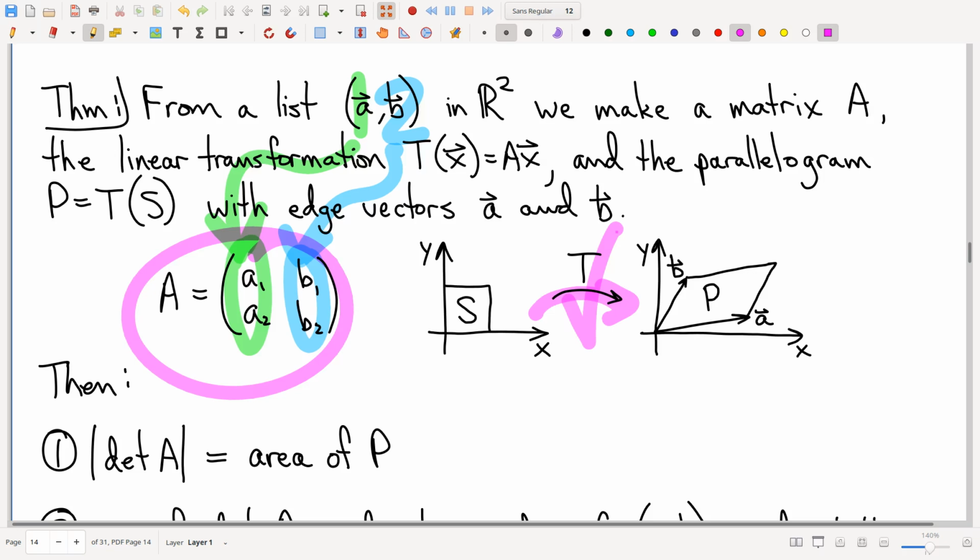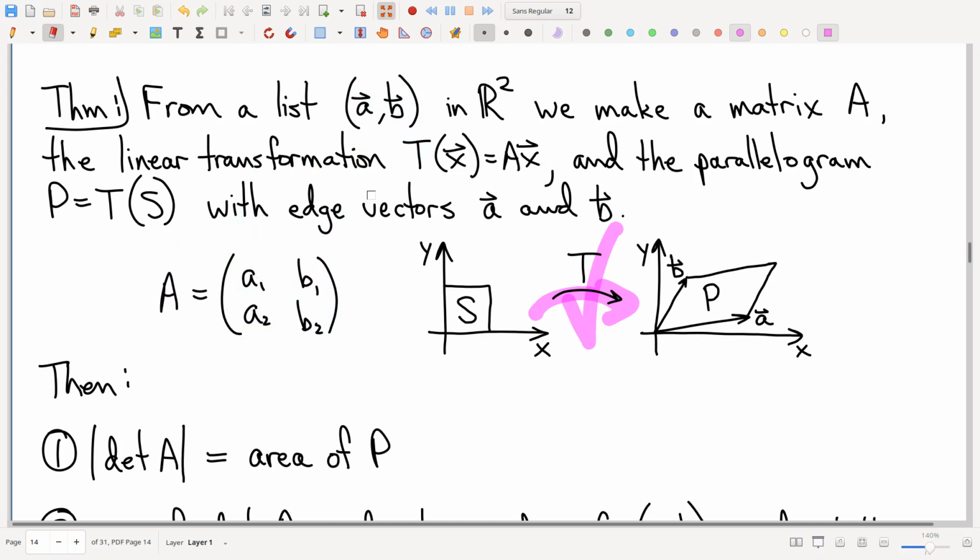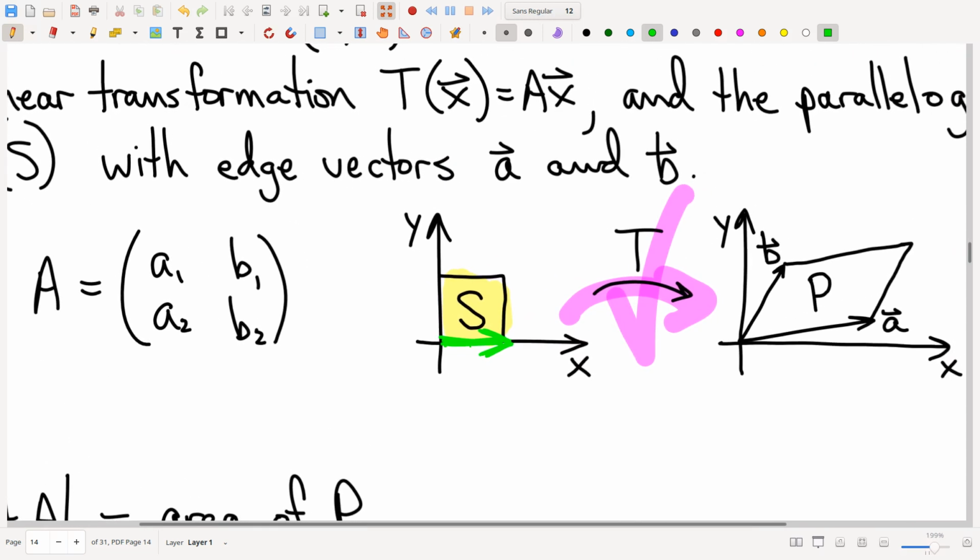Given a linear transformation, notice if I were to take the unit square, and if I were to look at the first standard basis vector, which of course is one of the edges of my unit square there.